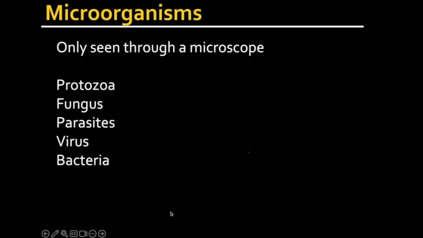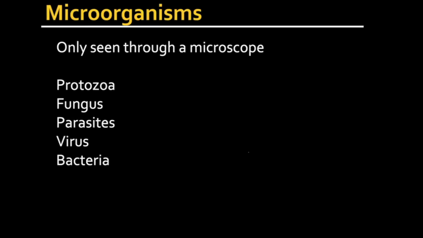Okay, as far as microorganisms, that term has to do with things that can only be seen through a microscope. And 5 categories, even though it depends on what book you read, some give you 4 categories, some give you 7. Your 5 general categories of microorganisms that cause disease are protozoa, fungus, parasites, virus, and bacteria.